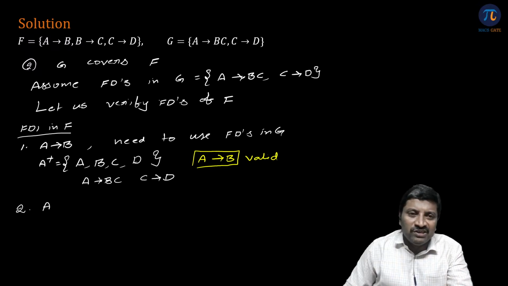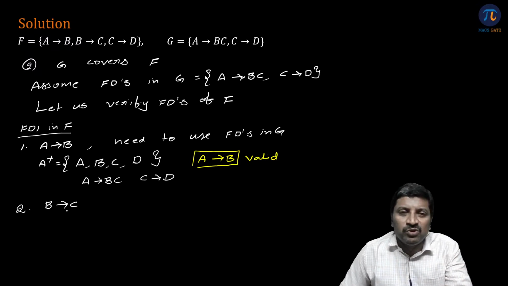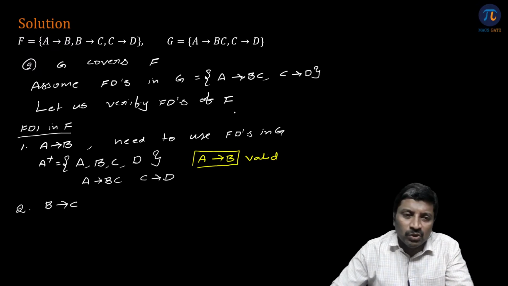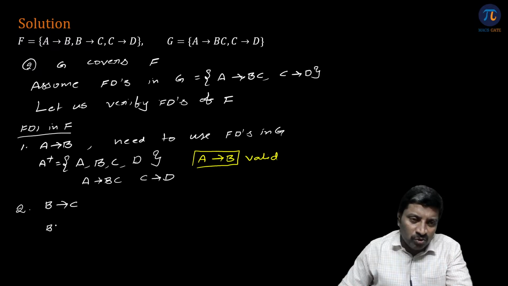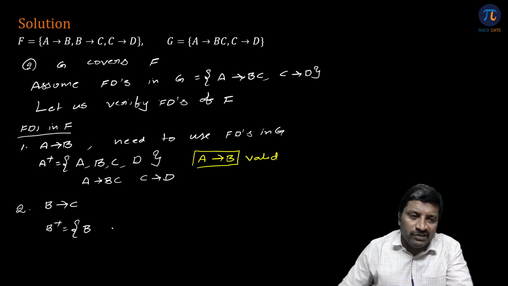What is the second functional dependency? The second functional dependency is B goes to C. Now, is B goes to C directly present? No. So let us find the closure. What is closure of B? With B, I can find B. Anything else? With B, I cannot find anything. So in closure, C is not present.